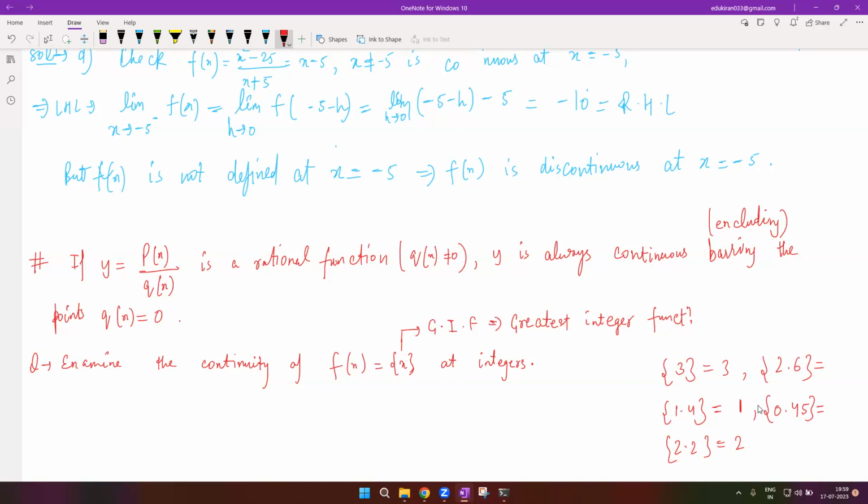So the answer will be the integer just smaller than 2.6, which is 2 in this case, right? Okay, can you tell me the answer for this? GIF of 0.45. 0. Austin, what will be the answer for this? 1.45. 1. Correct. Now tell me the answer for this. Minus 1.45.